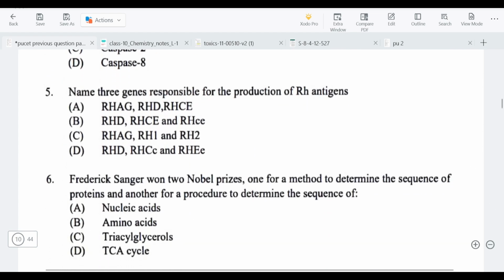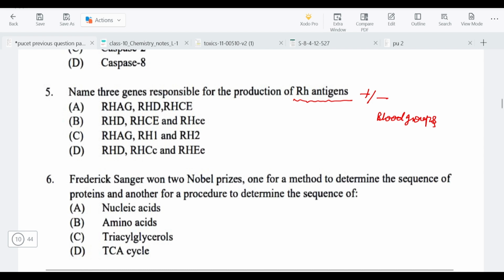Next question: name 3 genes responsible for the production of RH antigens. Now, do you know what RH antigens are? They give the positive or negative characteristic to blood groups. We all have either a positive or negative blood group, and this is due to the presence of RH antigens.